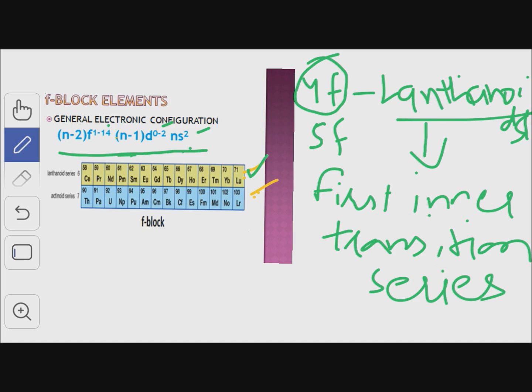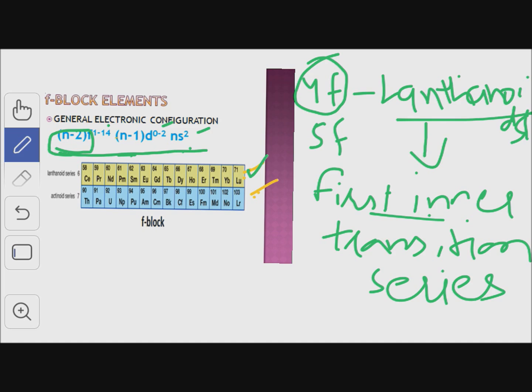Why are these called inner transition elements? This is because the last electron enters into the antepenultimate energy level, that is the n minus 2 f orbital.